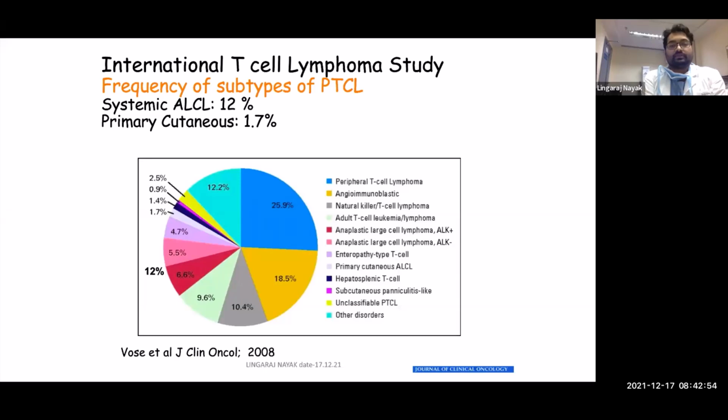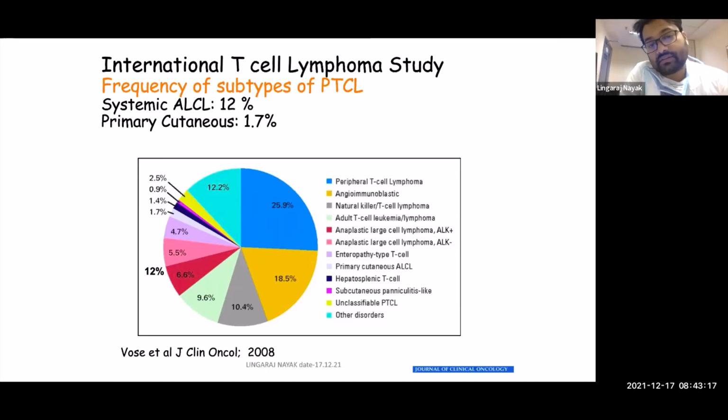So T-cell lymphoma itself is a rare disease, and as you can see, these are the types of peripheral T-cell lymphomas: starting from AITL, NK T-cell, ATLL, ALCL, and EATL. So these are all different types. When you have a rare disease, and again there are sub-classifications, then each entity becomes rarer and rarer.